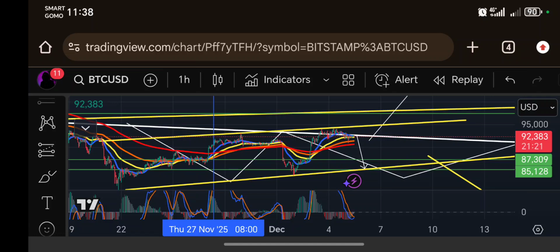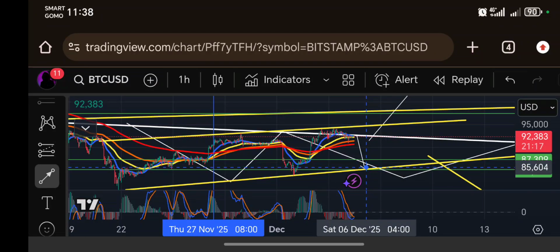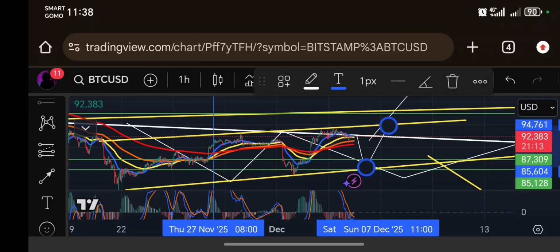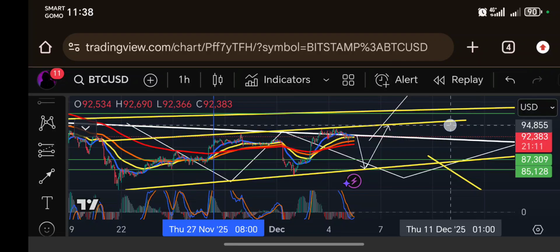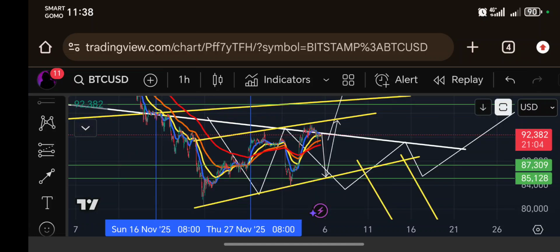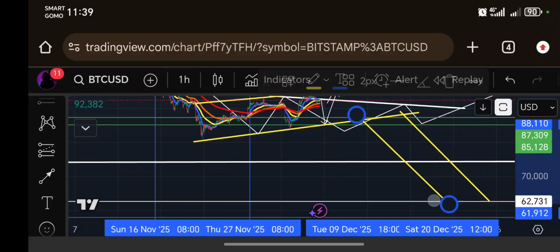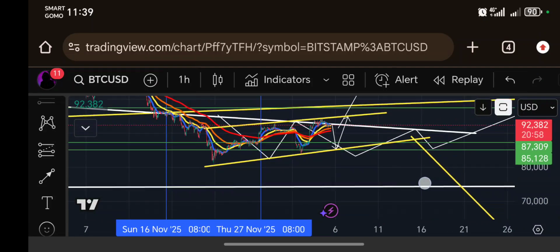I'm not gonna remove that. So if that happens, it dumps, then maybe it comes back up here much higher. Okay, so what's that price? 94,000. And if you zoom it out, all you can see is just the bear flag.